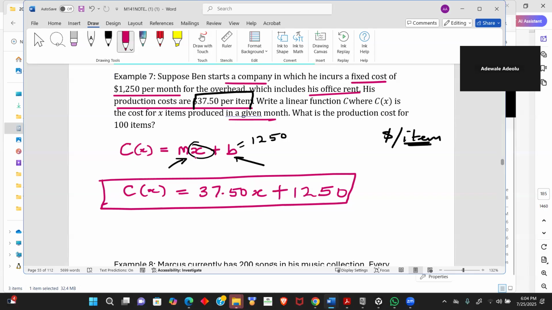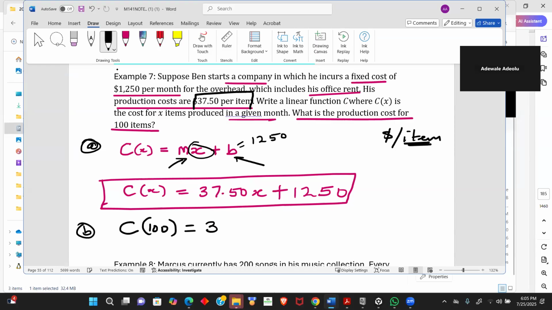The other part of the problem says, what is the production cost for 100 items? Now let us find the production cost for 100 items. We are looking for C. So I will call this the A part, call this the B part. That is C of 100, when x is 100. That is 37.50 times 100 plus 1250.